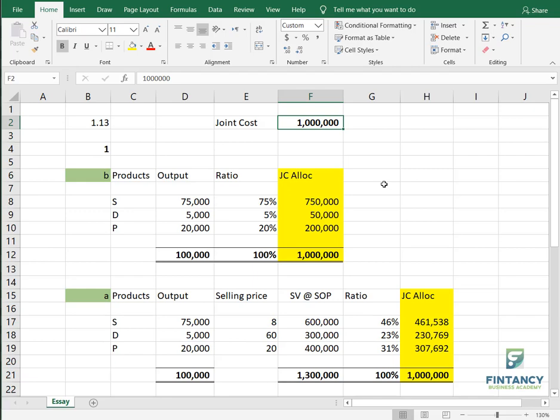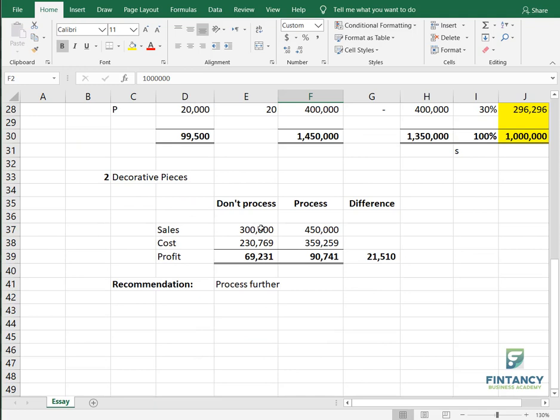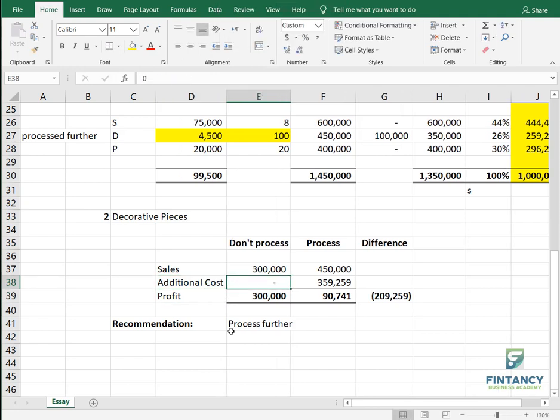To make it simpler for you, you will say that if I don't process, I will not incur any additional cost, because you know that 1 million is already present there, a past cost. Whether you process or you don't process, that 1 million will not change. Only the allocation will change depending on the ratio.